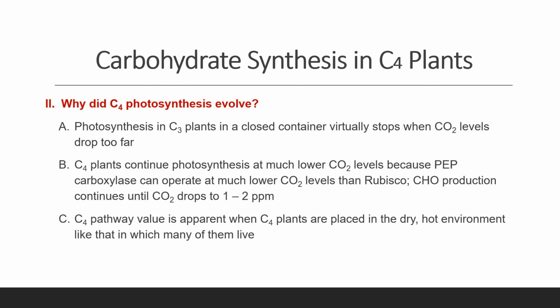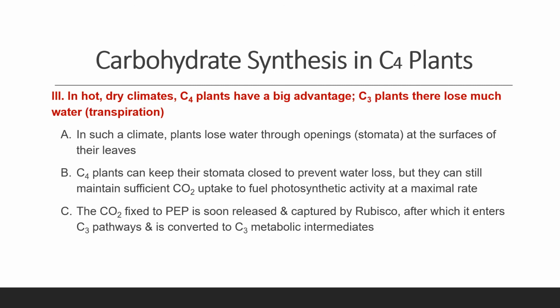The C4 pathway's value is apparent when C4 plants are placed in a dry, hot environment, like those in which many of them live. Even if there is a difference in the amount of carbon dioxide, because of PEP they can still photosynthesize until carbon dioxide is no longer available.